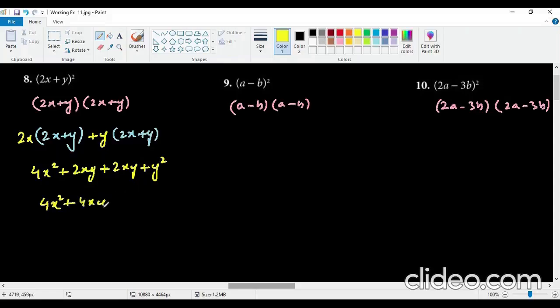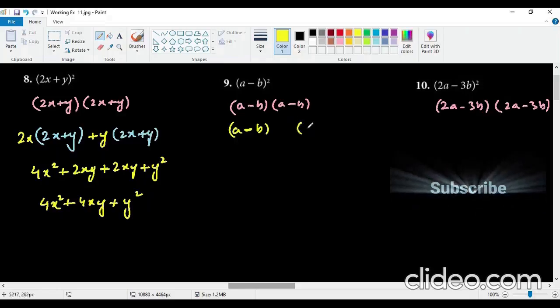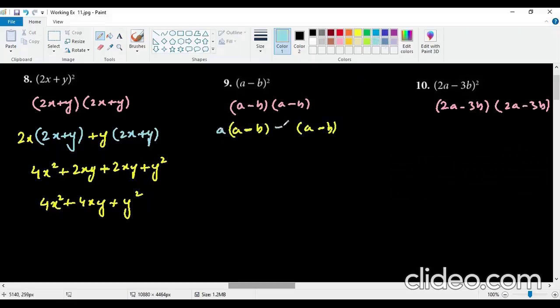y plus y square. A minus b will be written twice with a little space between them, and I will write first a here and minus b here, and it's going to give you a square minus ab minus another ab and plus b square.